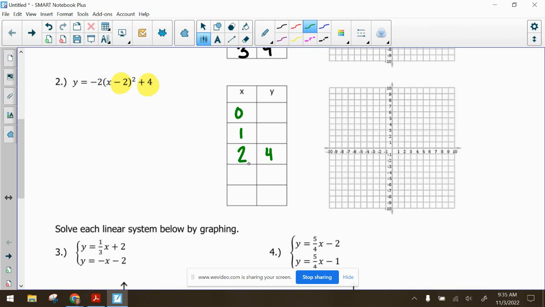I then fill in points around it to plug in as I graph. As I go to plug those in, I'm also going to identify what the vertex is. I can pick either 0, 1, or 3, 4 to plug in. Either way, I'm going to get the same thing.